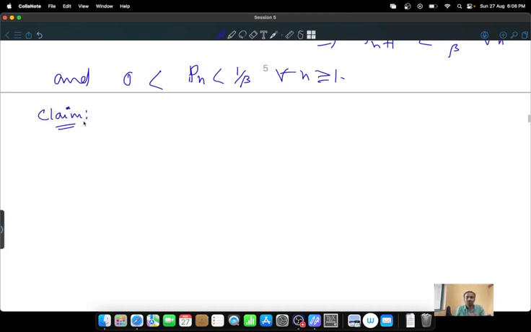Now the question is whether the original sequence converges or not. So claim Pn is monotone. I request you to follow this very carefully, because the technique used here will be very helpful if you carry on with mathematics.